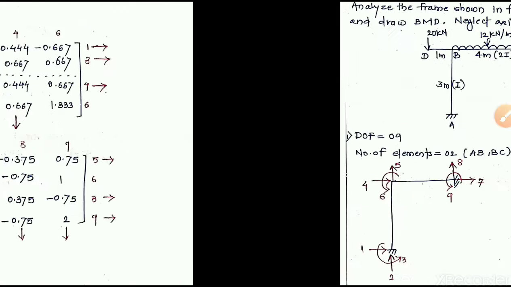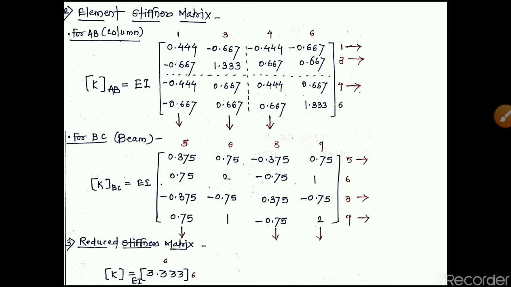The second step is that you have to write the element stiffness matrix. Referring to the standard stiffness matrices from the previous video of finite element analysis for portal frame, for member AB, which is a column member, calculate the parameters 12 EI upon L cube, 6 EI upon L square, 4 EI upon L and 2 EI upon L, and write those elements at their proper places in this matrix.